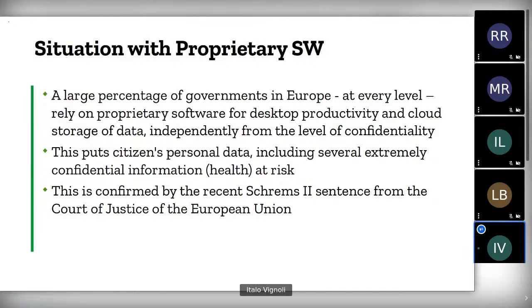So this puts our data, and especially confidential information such as health data, at risk. And this is confirmed by the Schrems II sentence from the Court of Justice of the European Union.